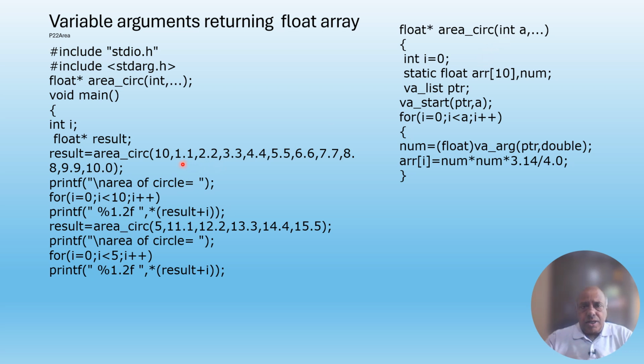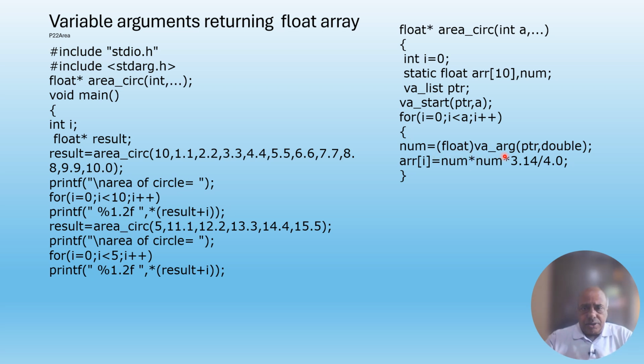The value which we are sending as an optional argument from the call is being assigned to a float variable num in this for loop. But what we are doing here is typecasting whatever value is given by va_arg to a float.